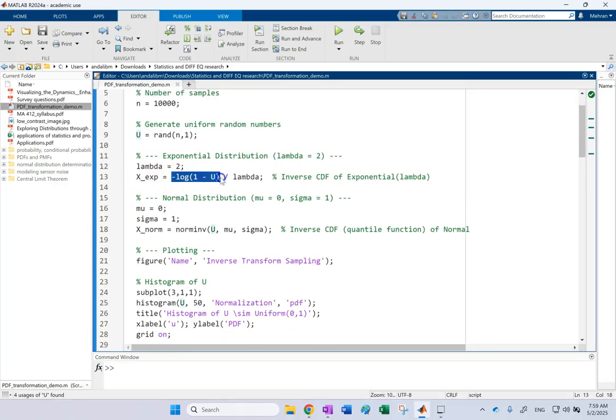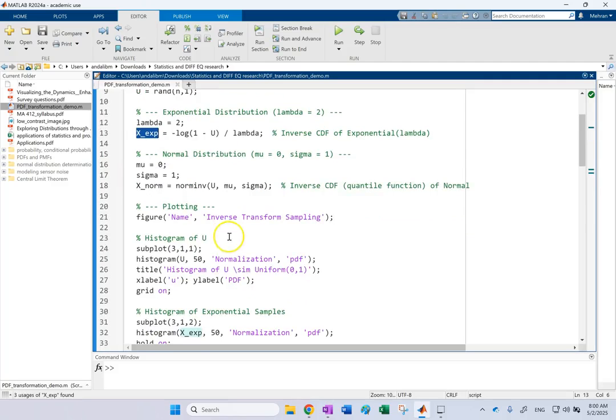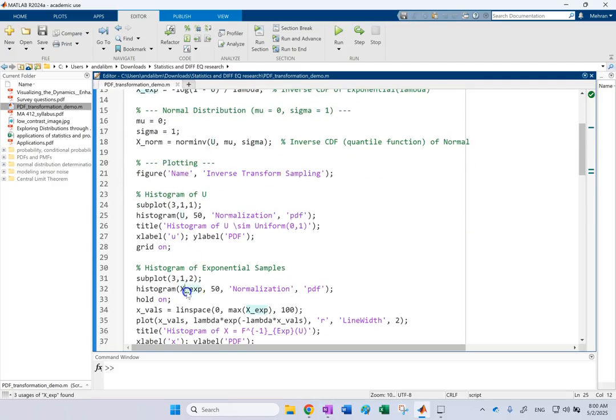So this is that function, this is the inverse of the exponential. I apply it to the u variable, and this new guy, x exponential, should actually, if I plot the histogram of u and the x exponential, show something like a real exponential histogram or PDF, right?